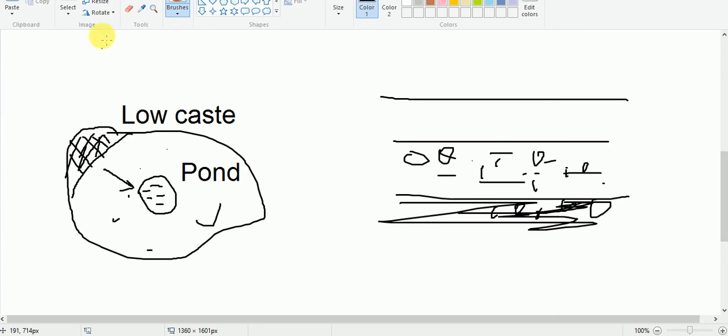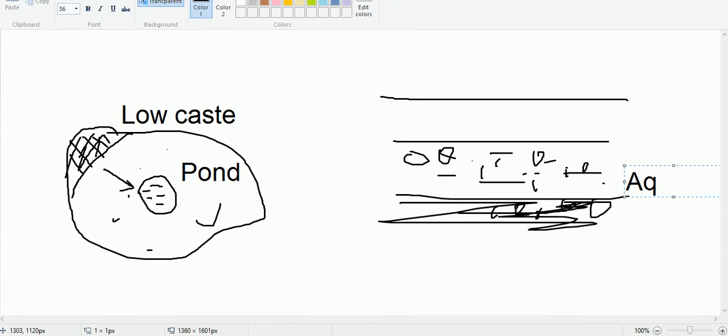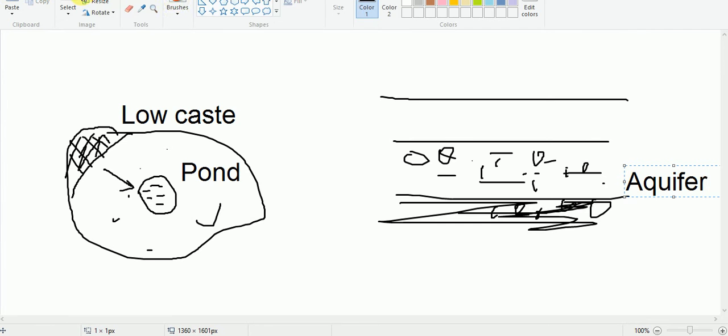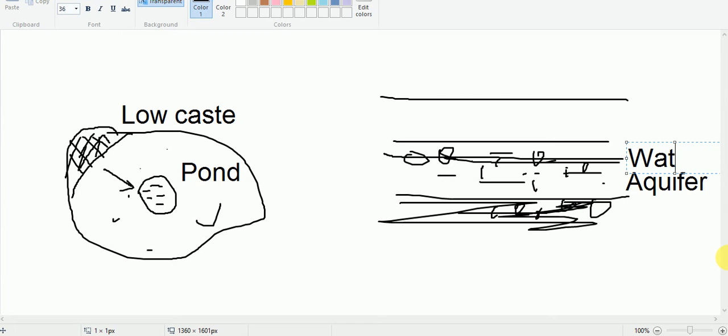This is what we call an aquifer. Let us say this is the level of underground water. This level of underground water is known as the water table.